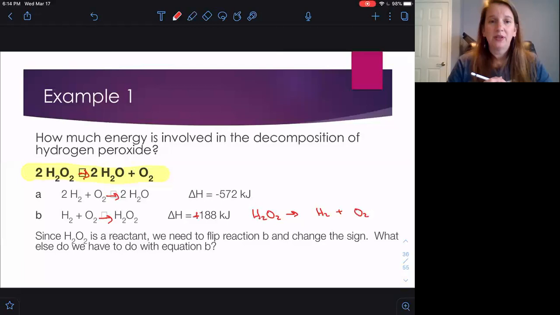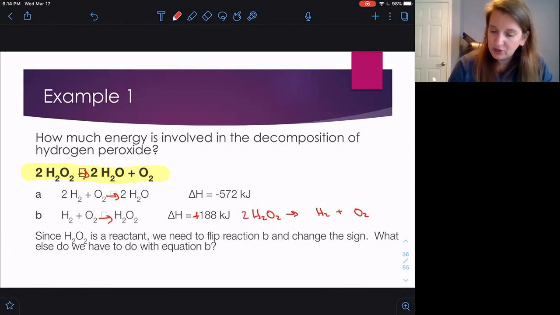So we want to make sure that we get rid of any of those hydrogens, because hydrogen does not show up in our overall reaction, and we want to get two hydrogen peroxides. So we're going to have to double step B in order to end up with two hydrogen peroxides. So we want to multiply step B by 2.